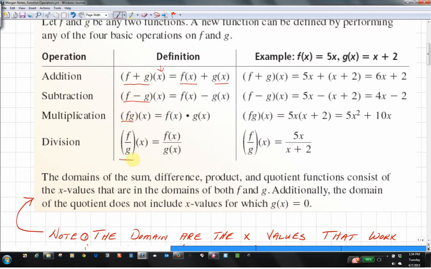That's telling us to combine them before we put in any values. Notice how that differs from the way it's written over here, which tells you to put the values in first, then subtract them. So that's what this notation means: combine them first. Okay, so let's do one of those.